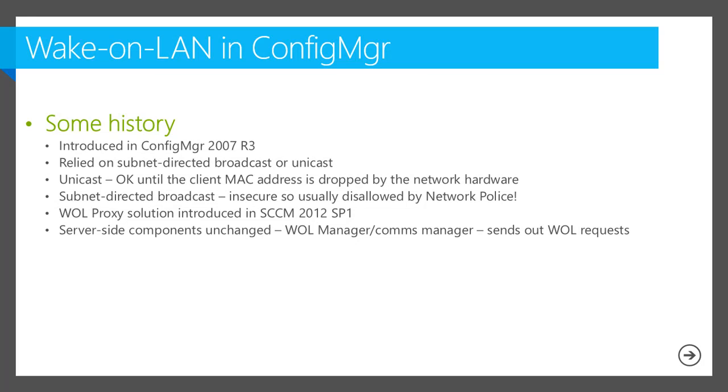Subnet-directed broadcasts are an even bigger no-no, really, because that's usually disabled by default these days at the network level by the network guys. So it's usually quite an unpleasant meeting trying to get that one fixed. So the Wake on LAN proxy solution came along recently in Service Pack 1, and it gives us a whole bunch of functionality, and it really makes it more usable.